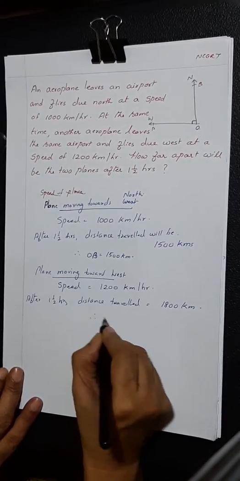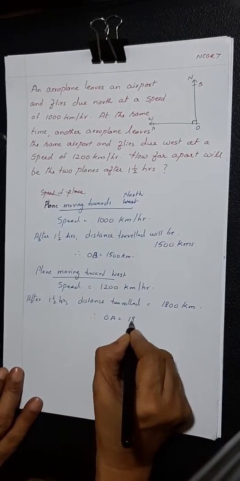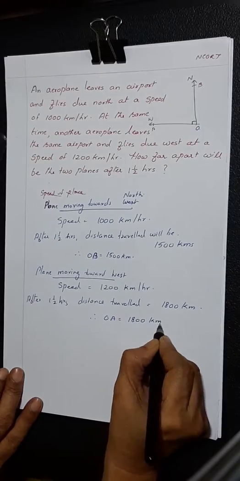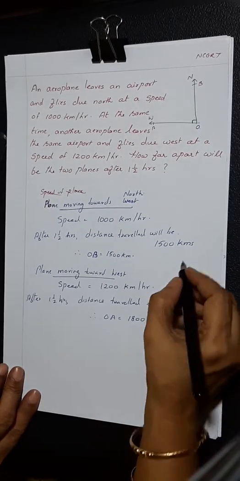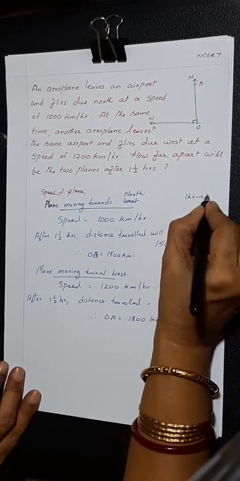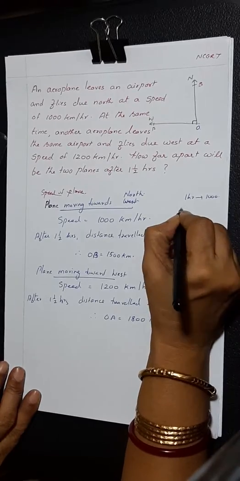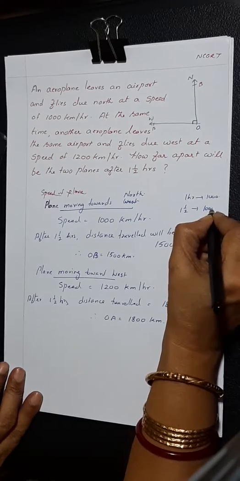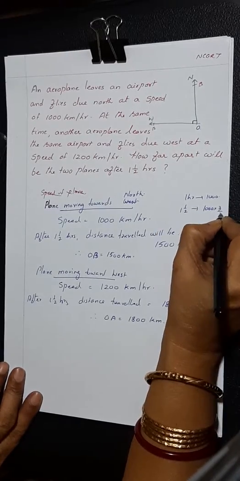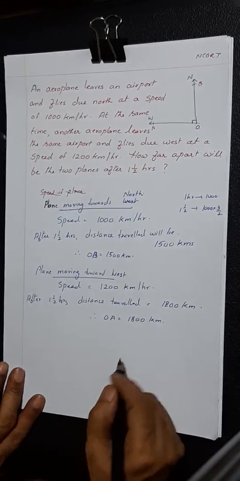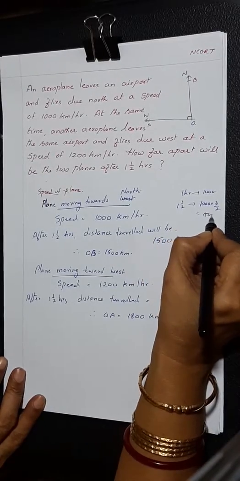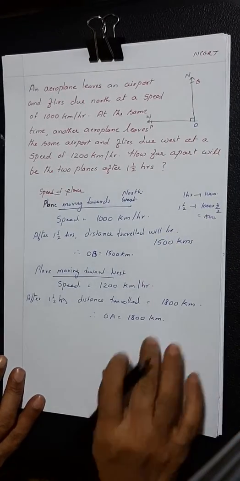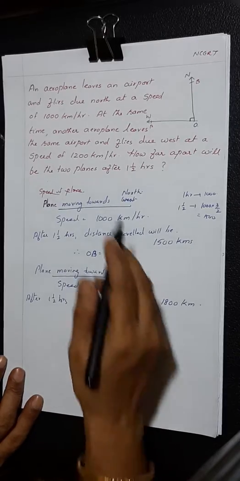Therefore, OB is equal to 1800. In 1 hour it is 1200, so in 1.5 hours, multiply by 3 by 2, so you get 1800. Similarly you get it for this also. Now OA is equal to 1500.